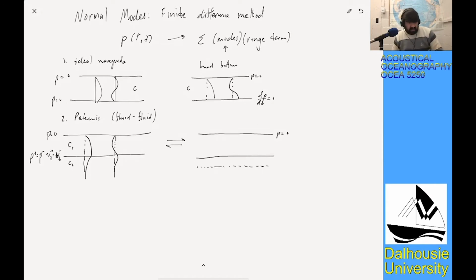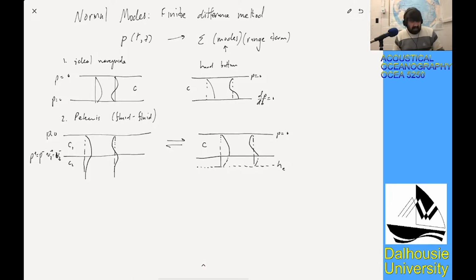And if this is isovelocity, and we don't really worry too much about the bottom, we can see these mode shapes in the water column are the same as if you had some sort of effective mode shape down to the effective depth, which is the very simple trigonometric function mode shape, right? So we had this alternative representation of the field in the water column, and of course at the effective depth, p equals 0.